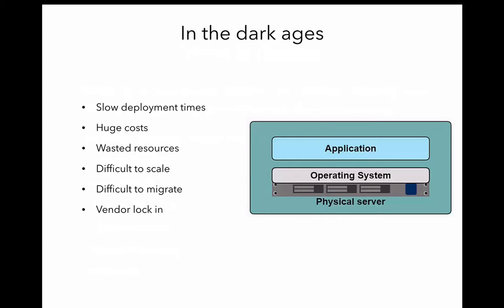So for each application, you needed the physical server which had its own operating system and all the entities that are required to run. Now, if you have another application, you had to have another physical server, another physical machine, and deploy the application there. So in one physical machine, you are able to deploy only one application.